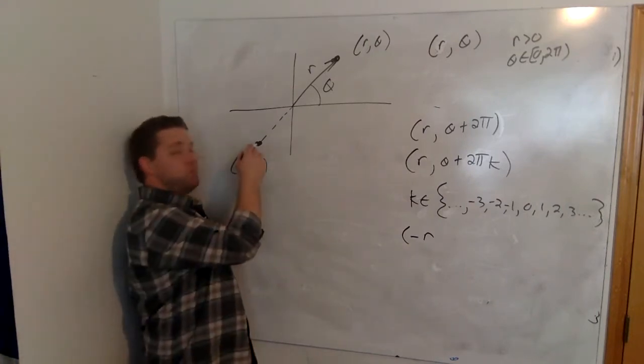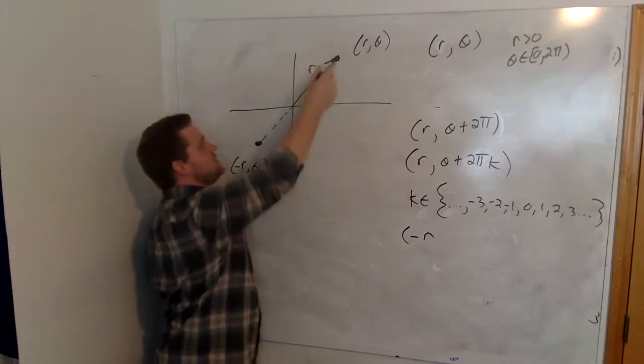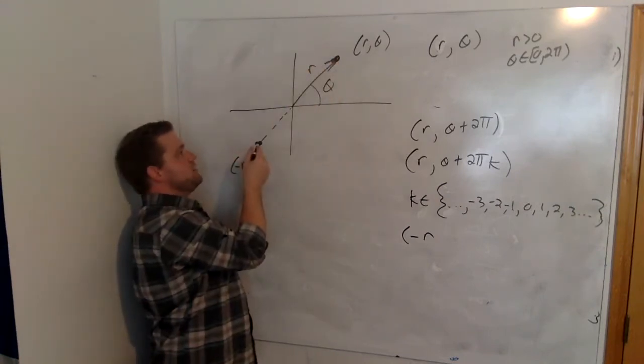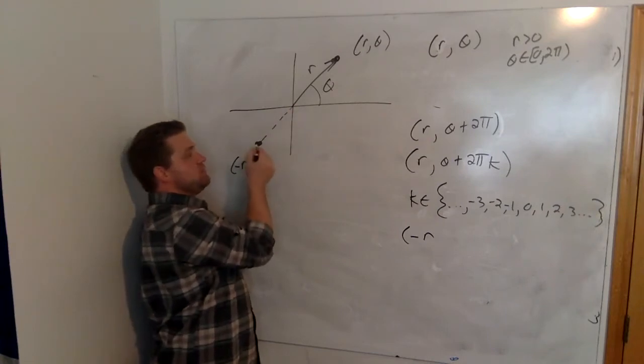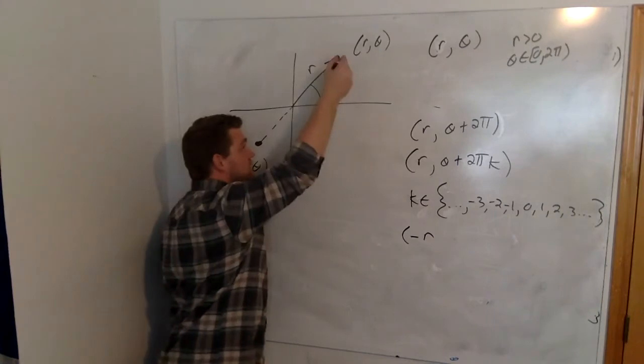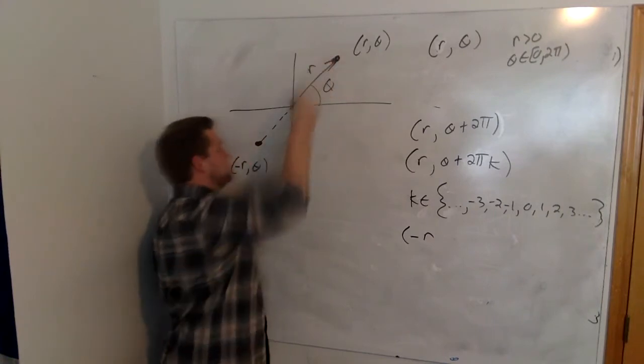But I can take this point right here and easily get back to the original location. If we're at this point, a negative radius puts us over here. But now I can get back to the same location by rotating halfway around the circle. So go backwards and then rotate around half, and you're exactly at the same location.